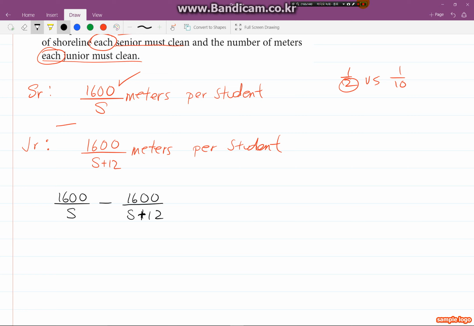All right, so after having reduced the fractions, we look at the denominators and look for the LCD. What's the LCD here? Well, S and S plus 12 are two totally different denominators. So combining them will give us the LCD of S times S plus 12.